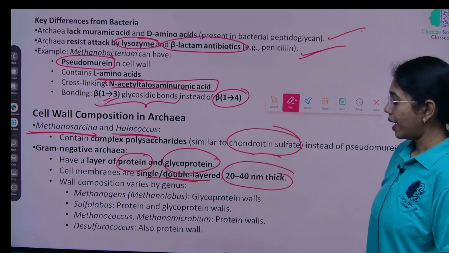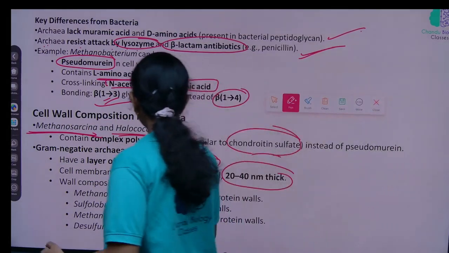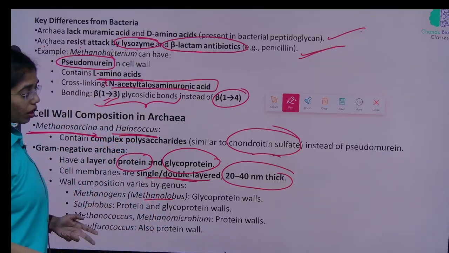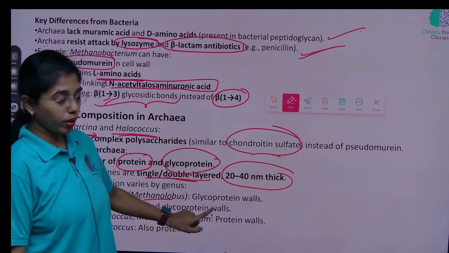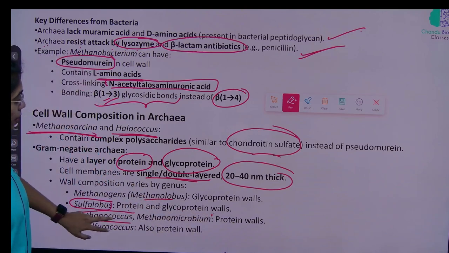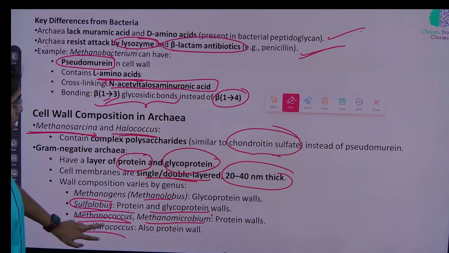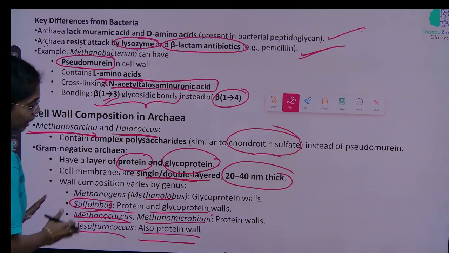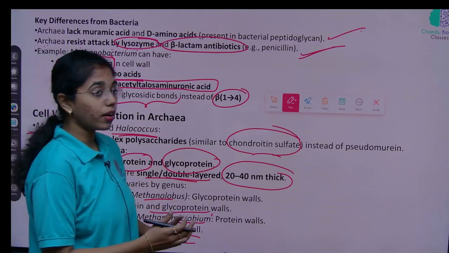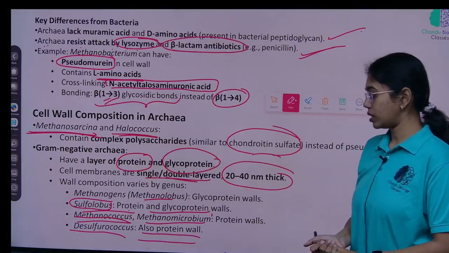Wall composition varies by genus: Methanolobus has glycoprotein walls, Sulfolobus has glycoprotein walls, Methanococcus and Methanobacterium have protein walls, and Desulfurococcus also has protein walls. What you have to remember, with the examples, is whether they have only protein walls or glycoprotein walls.